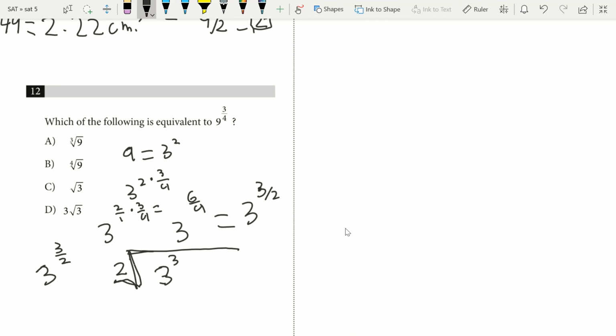Well, we know that 3 to the power of 3 can be rewritten as 3 times 3 times 3. We take out 2 because that's what our root is, right? Our root's 2. So any groups of 2 we can take out. So we can go ahead and take out a 3, and we'll have 3 root 3 because we still have this 3 left. So we'll be left with 3 root 3, and that will be our answer, which is D.